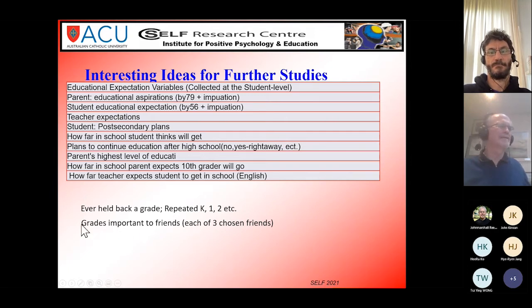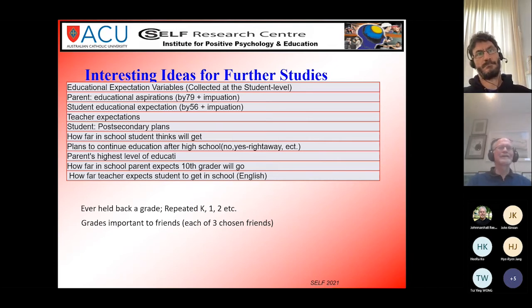And then they also have some stuff where they were asked to nominate their three best friends. And I don't know who they are, but they filled out little surveys about each of them, and the one I was kind of interested in is how important grades are to each of your friends. And so there's some interesting stuff there.